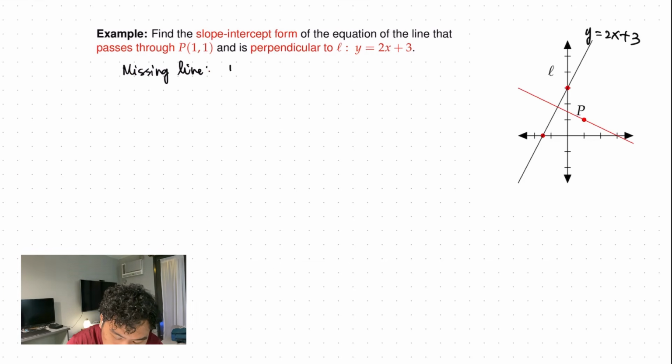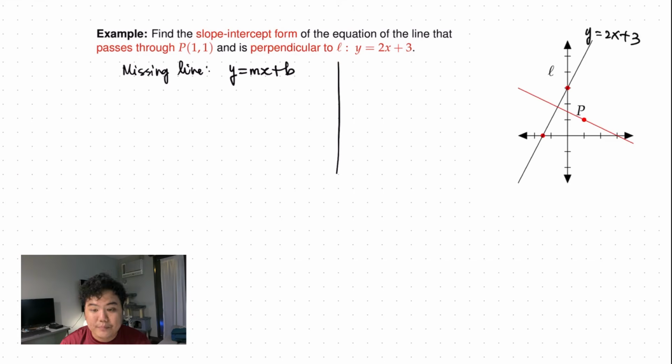Ang gusto mo, slope-intercept, y equal to mx plus b. So, malalaman ba natin yung slope ng missing line? Yes, using yung slope nung L. So, the slope of L, kung ma-observe nyo, naka y equal to mx plus b na siya. So, the slope of L is 2.